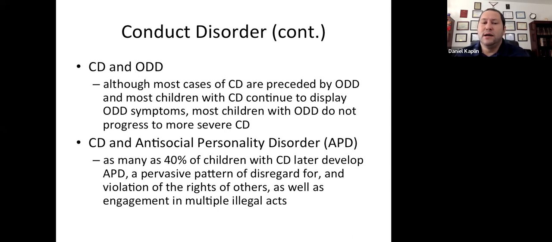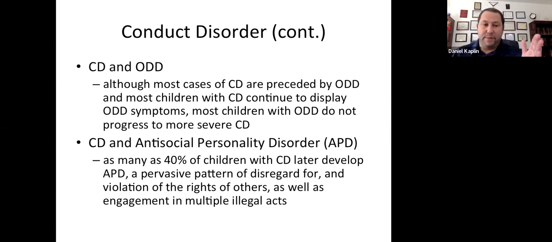So there are many individuals with oppositional defiant disorder who never progress into conduct disorder, right? So there's a nice portion of people who have conduct disorder that started with ODD, but many people with ODD learn to regulate their emotions and their behavior comes in line with what is acceptable, and that's fine.